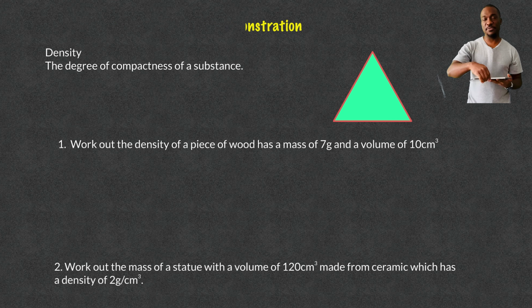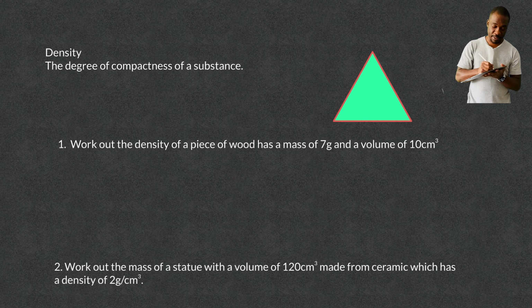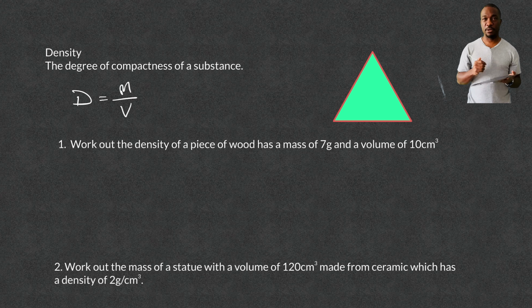Anyway, how do we find density? But before we do that, let's check out some other things that we must know before we calculate density. So for example, to find density, we know that density is the mass of the object divided by the volume of that object. Now, for all intents and purposes of this lesson, your mass will either be in grams or in kilograms.